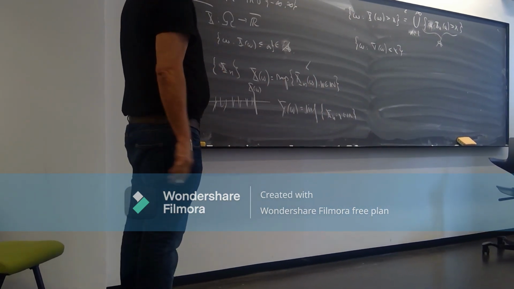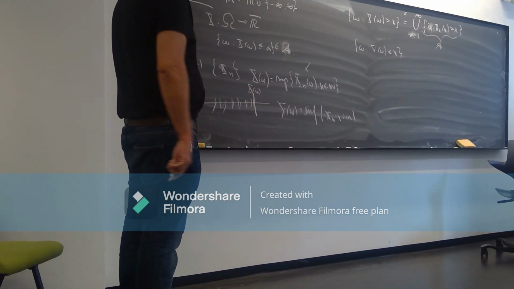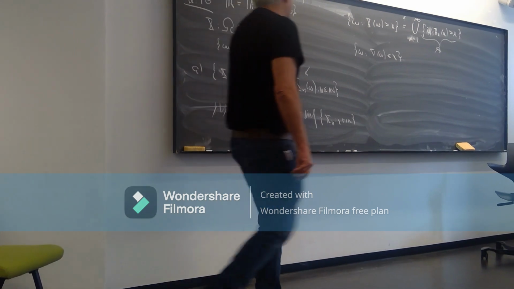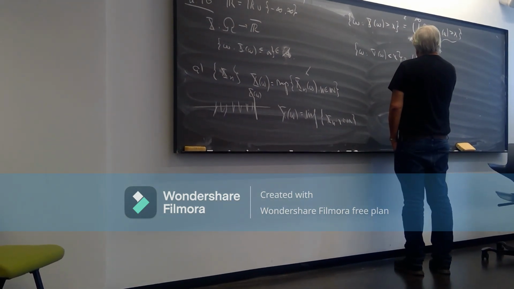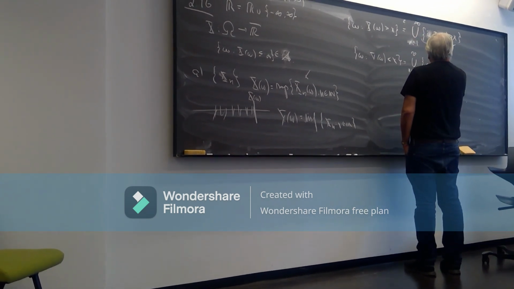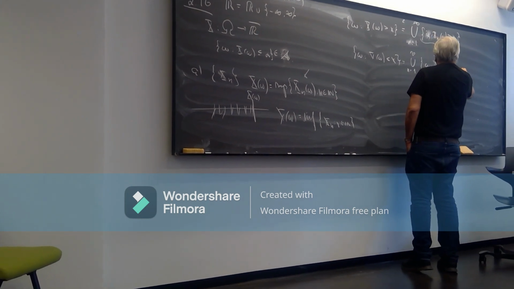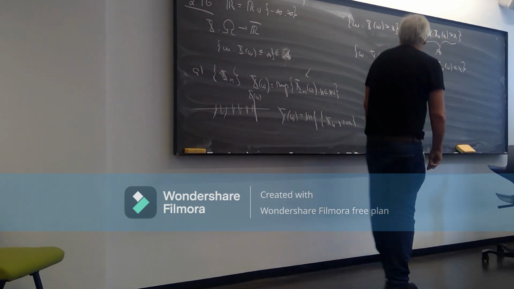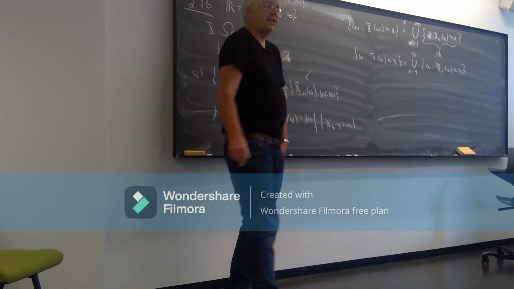Because in order for the infimum to be strictly less than x, there must be one X_n that is less than x. So this turns out to be the union of all omega such that X_n of omega is less than x. There has to be at least one X_n which is less than x, and that is what this union gives you.